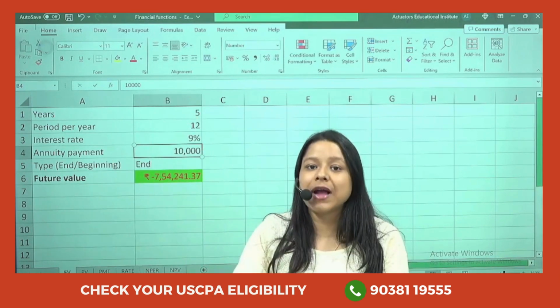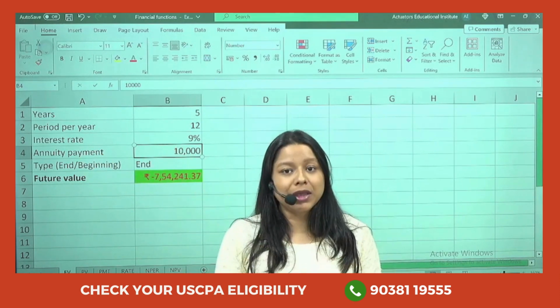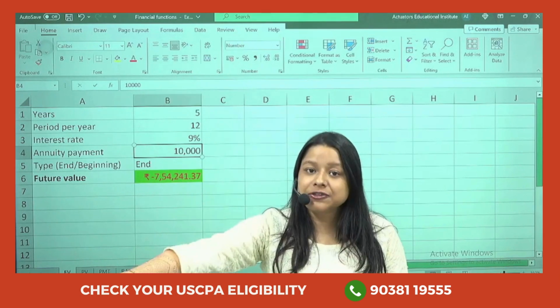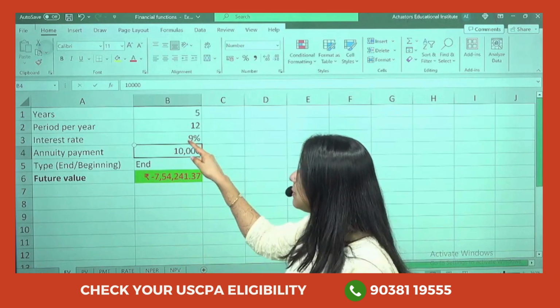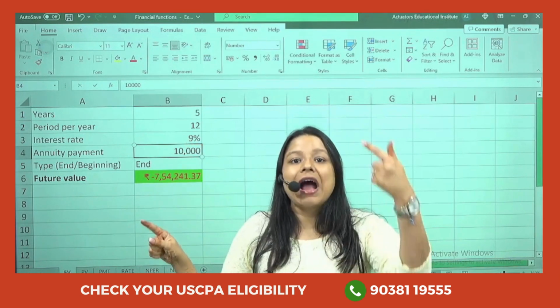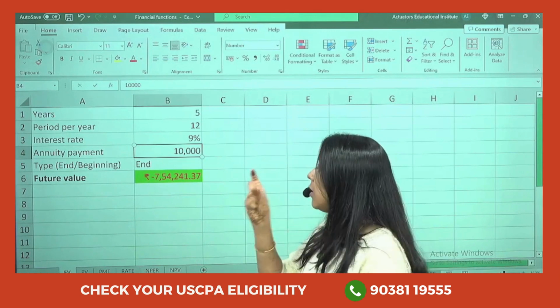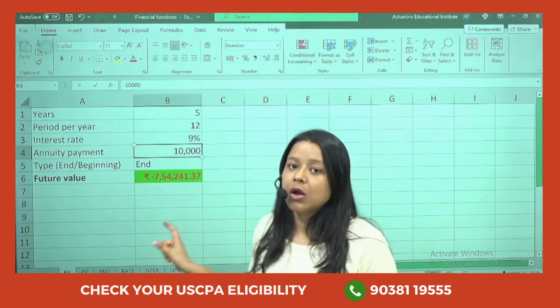So the future value of the annuity payments of 10,000, if you make every month at the end of the month for the next 5 years, and the current interest rate in the economy is 9%, then basically after 5 years you are in total making a payment of 7,54,241.37.